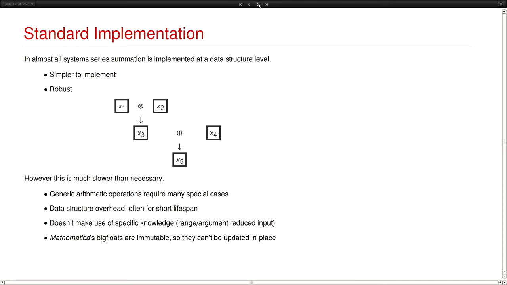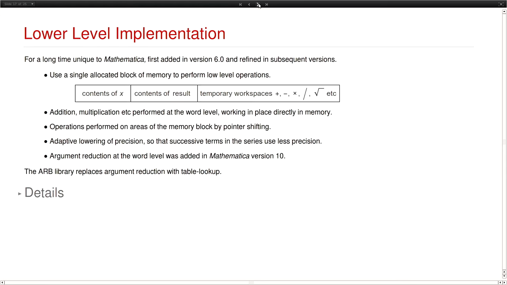When I'm evaluating the series, I know that I'm working in a really specific range. All the numbers are smaller than 1, the exponent is bounded, nothing is ever going to overflow. So the essential idea is to just make one big memory block, and put all of those numbers in this big memory block and do all of the arithmetic in one memory block and just shift pointers around doing the arithmetic.